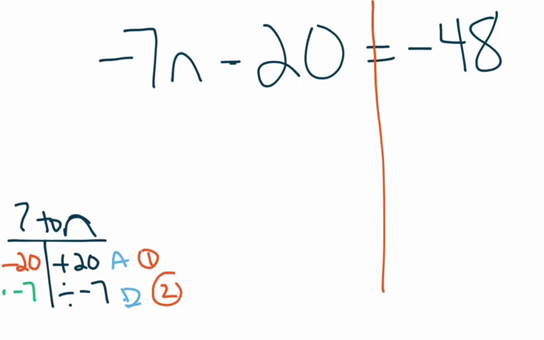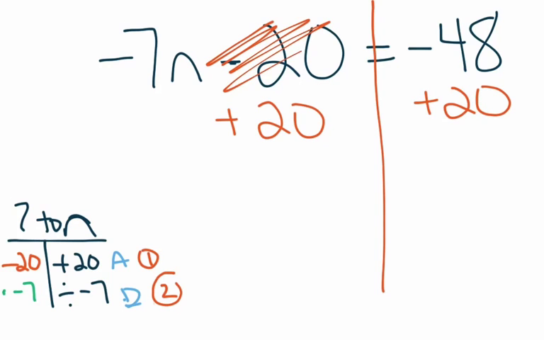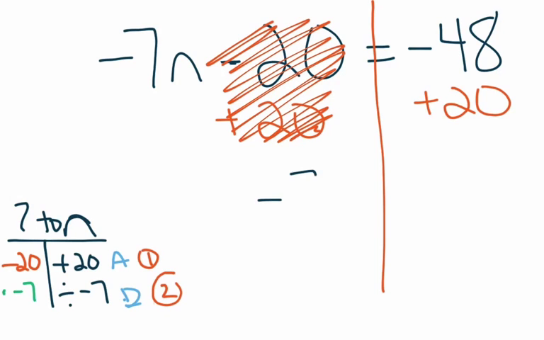I'm going to draw my line and add 20 to both sides. These 20s will go away, and that leaves me with negative 7n equals, and then if I take negative 48 plus 20 in my calculator, don't change the way it looks, it's negative 48 plus 20, I'm going to get negative 28.